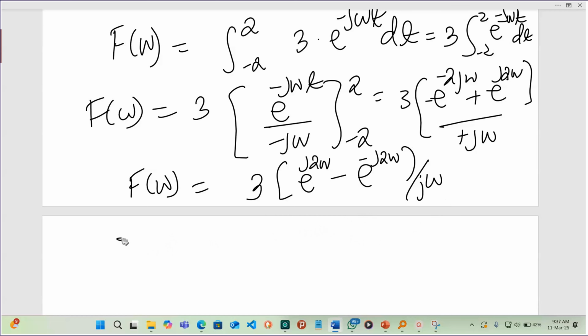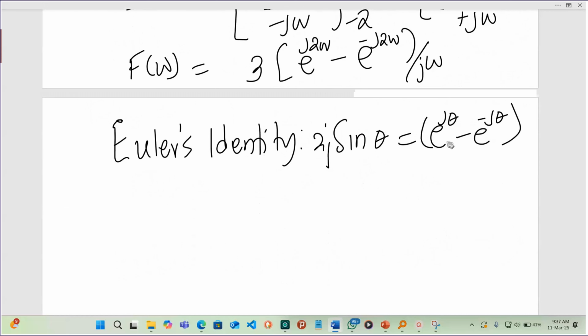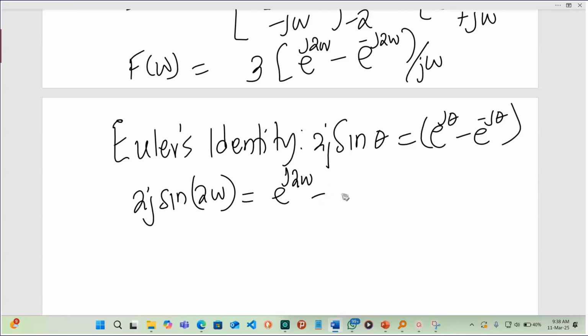Now from Euler's identity, we know that 2j sine theta is equal to exponential j theta minus exponential negative j theta. So that means 2j sine 2 omega is equal to exponential j2 omega minus exponential negative j2 omega.